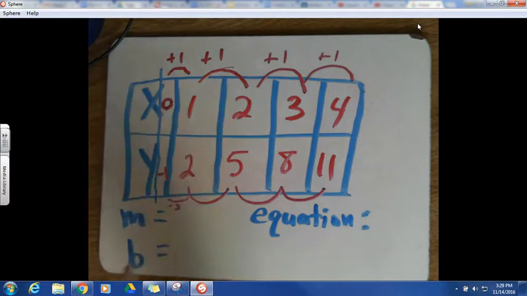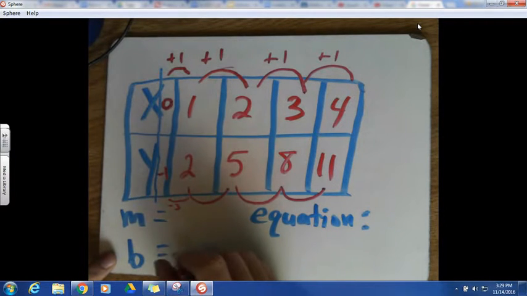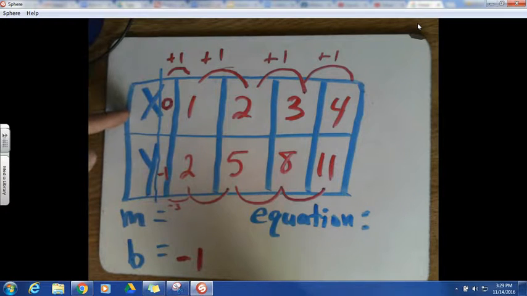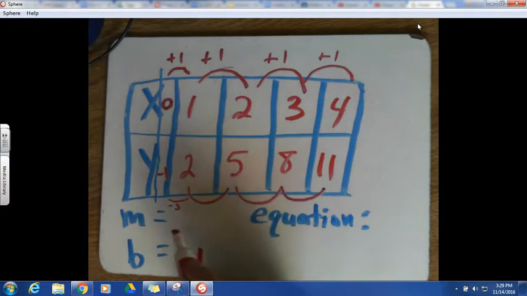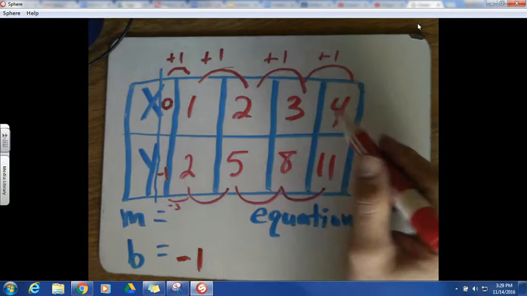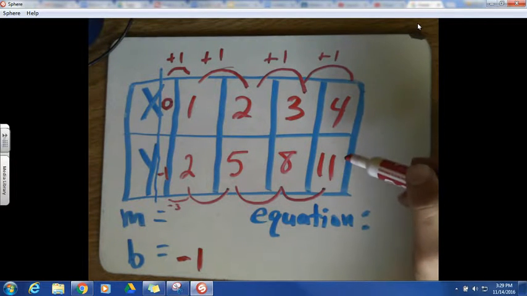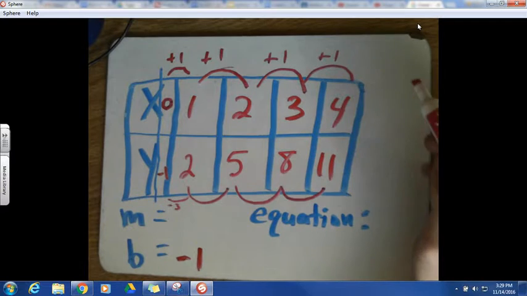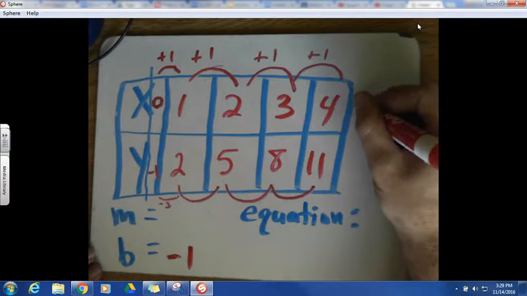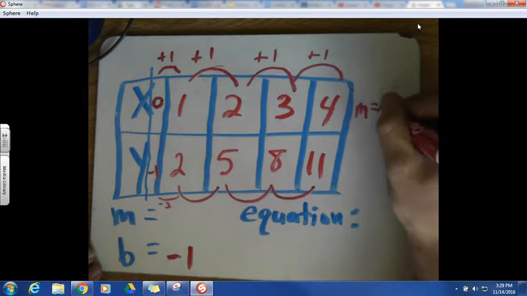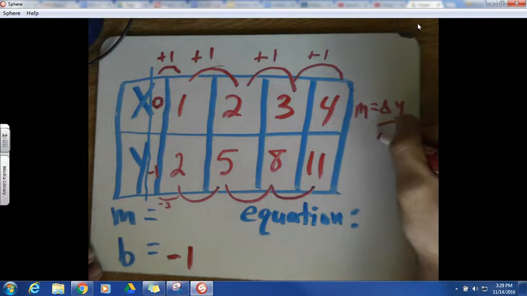So that's one way, and that way we would know that the y-intercept is negative 1. When x equals 0, y equals negative 1. Then we can find the slope just by looking at the numbers in our table.